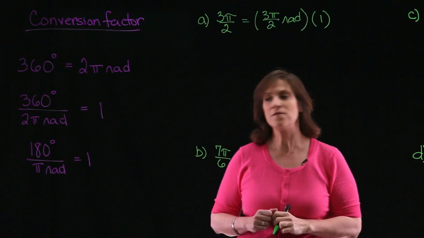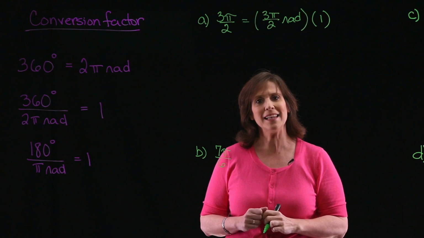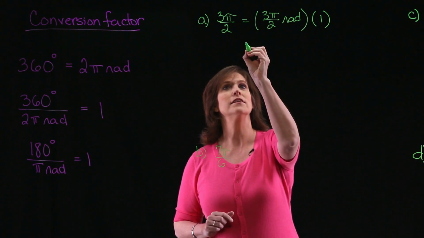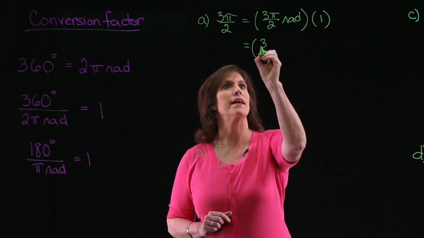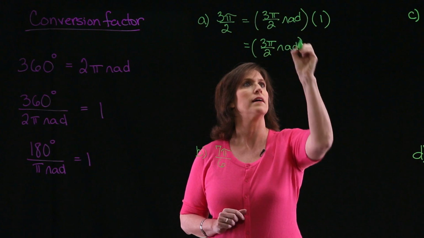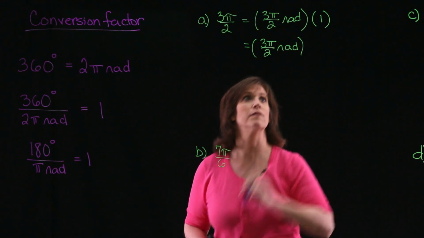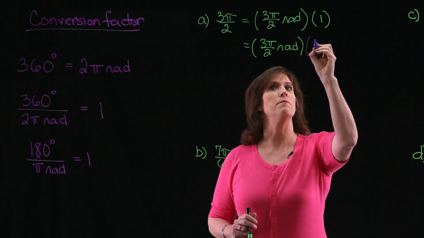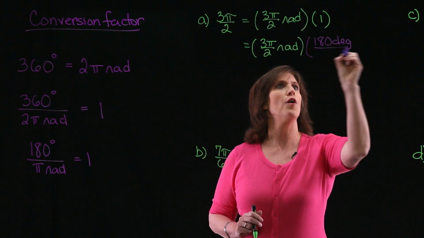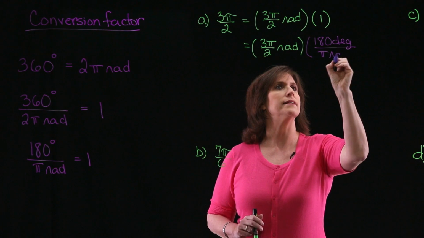Okay, well, by my conversion factor, I know that 1 is exactly the same thing as 180 degrees divided by pi radians. So let's rewrite this again and make it 3 pi over 2 radians times my conversion factor, which is going to be 180 degrees over pi radians.